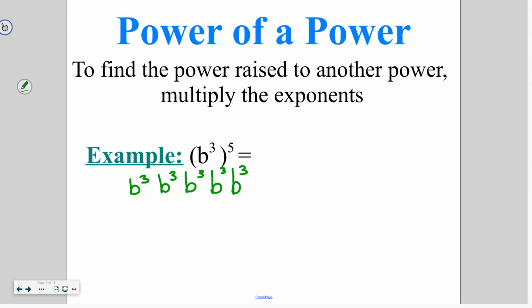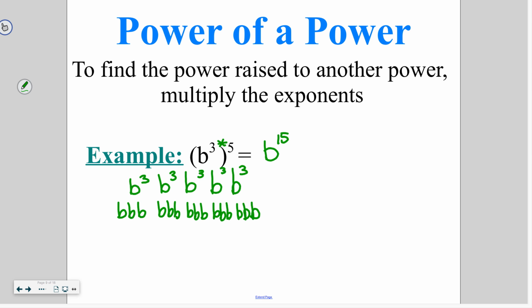If I break down each of those, I've got 3 b's from each of those terms being multiplied. And if I were to add all of those up, that would give me b to the 15th power. So instead of writing out these expressions the long way every time, we can multiply.